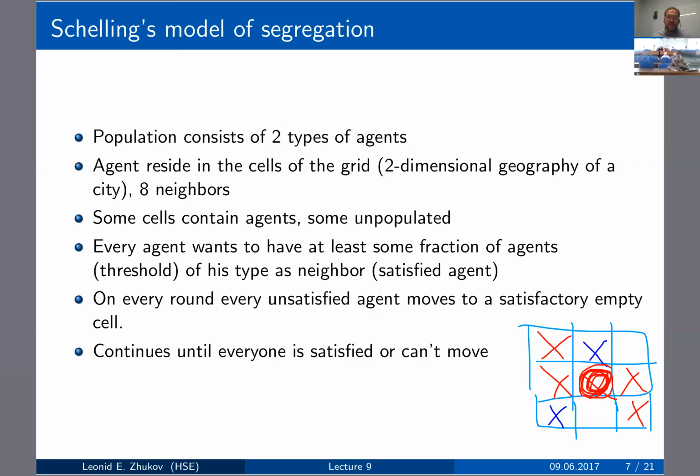And if he doesn't, he will move, relocate, and try to find a place where he's happy, where the fraction of the neighbors of his type is as many as he wants. And this process continues with time until there's no place for an agent to move, or everybody's happy, right?